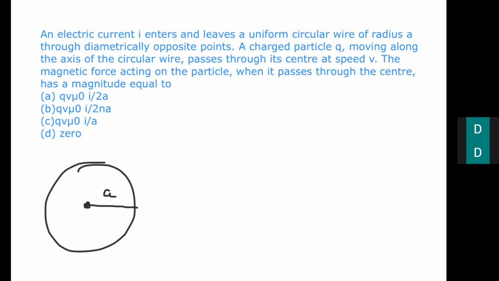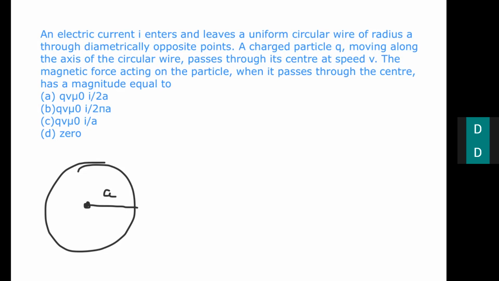In the right hand thumb rule, you always need to imagine this so that you can easily solve it. We can say that the direction of the magnetic field is along the axis of the wire, and the charged particle is also moving along the axis of the wire.